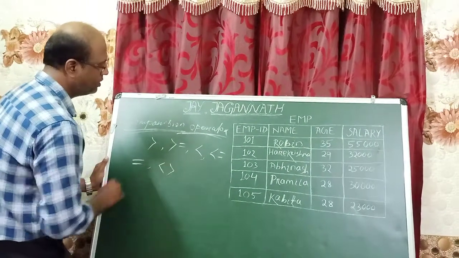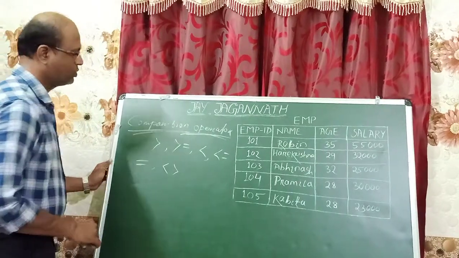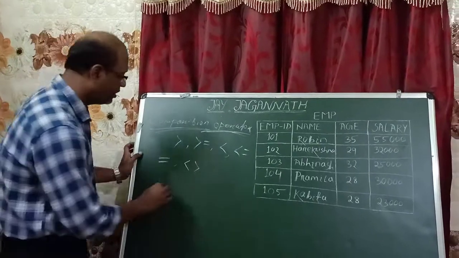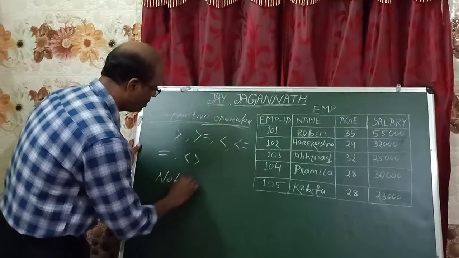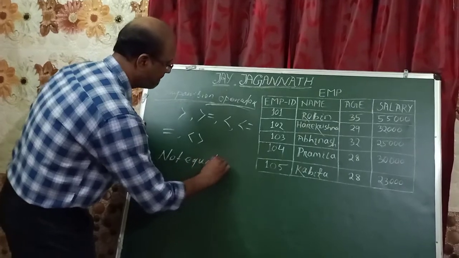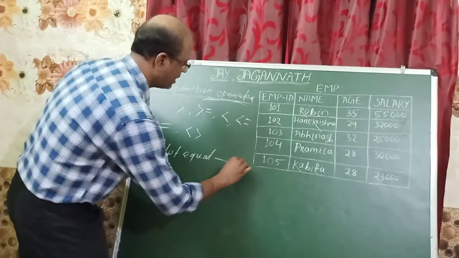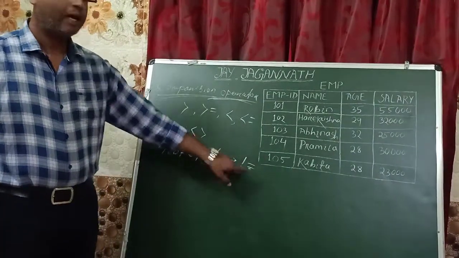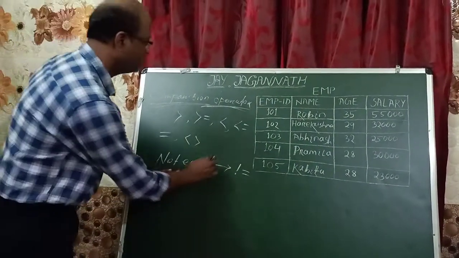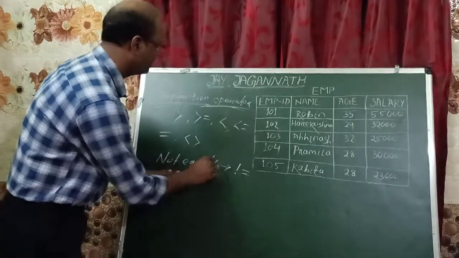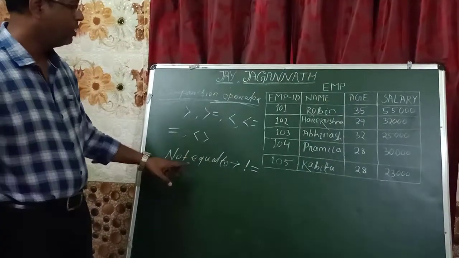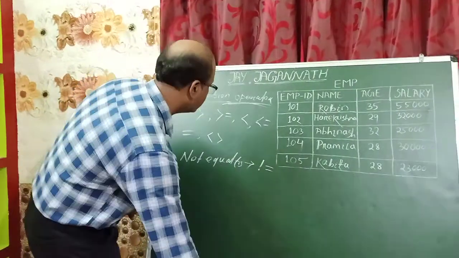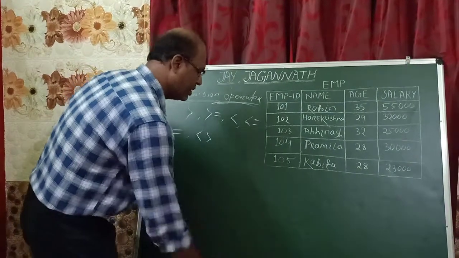In computer language, we can write the not equal to symbol like this, or not equal to can be written with this symbol. You can use this symbol for not equal to, or this symbol can also be used for not equal to. Okay? So these are some comparison operators you can use.